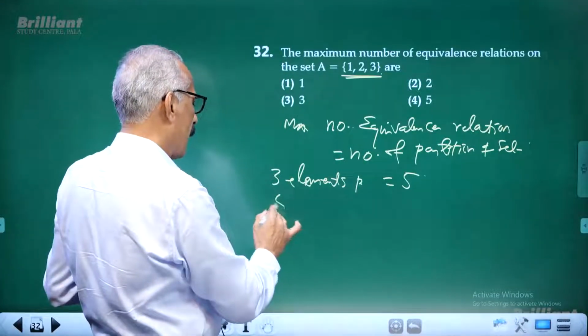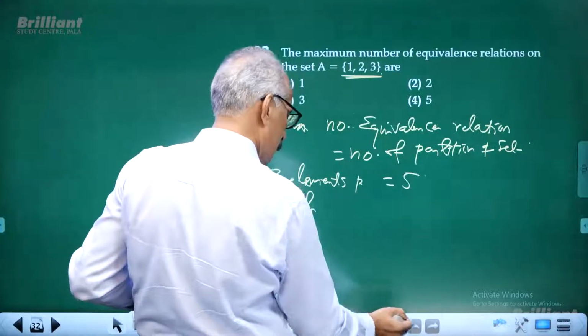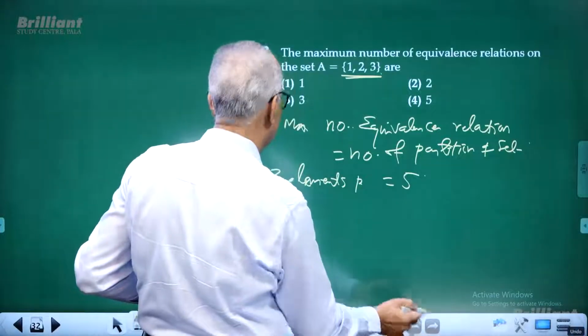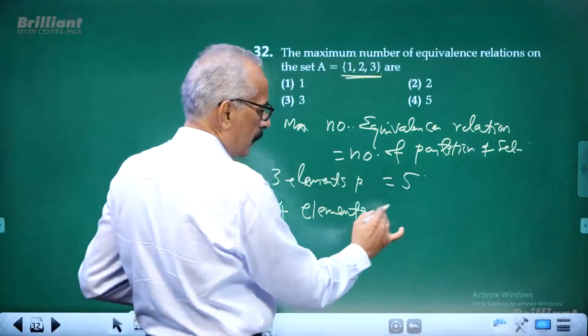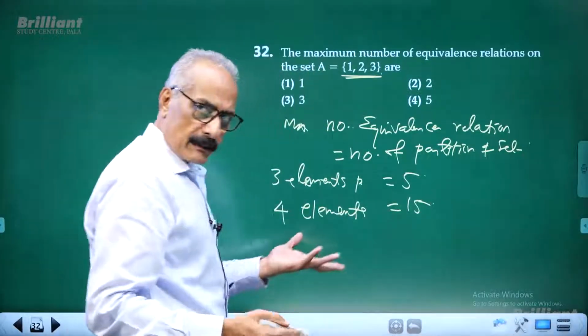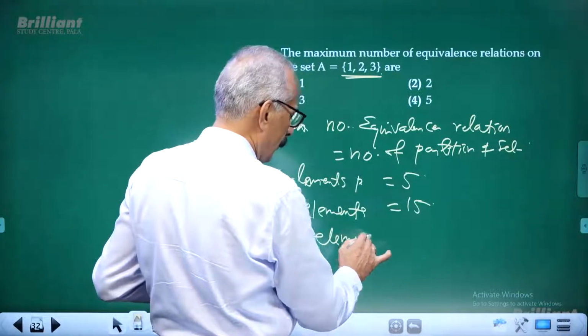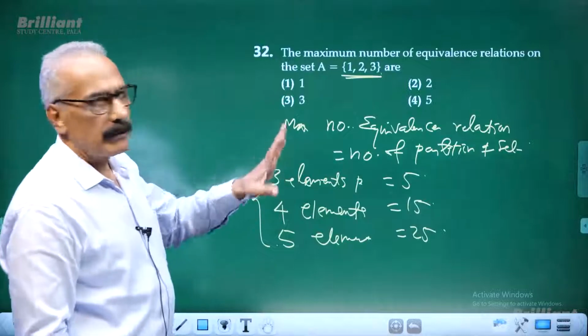Suppose they give you 4 elements, 1, 2, 3, 4. In a set of 4 elements, it will become 15. This I have calculated. Now 5 elements, that will be 25 partitions.